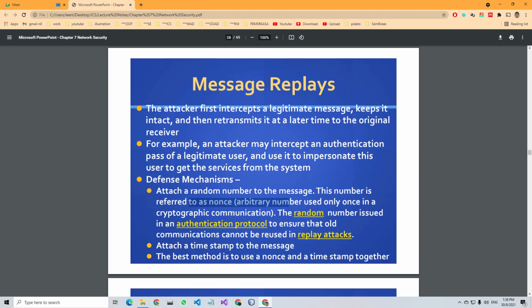When the sender sends a message, the attacker captures it, and later it is sent to the receiver. Kelvin, how about you? The attacker just saves the message and then uses it later.